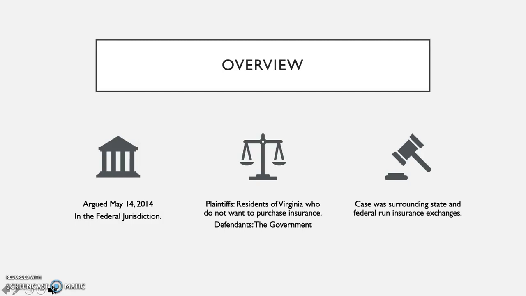The residents of Virginia were not asking for financial compensation, but rather an acknowledgement that they should not have to purchase something that they have no intentions of buying, or pay a penalty if it wasn't purchased. All these facts came directly from the original court document.